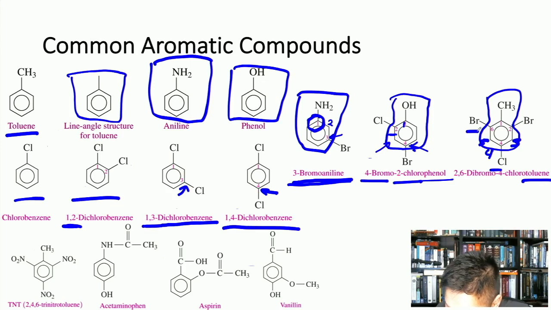So that's 2,6-dibromo chlorotoluene. By the way, the reason why bromo went first here, both times, is because bromo is alphabetically before chloro. You'd think you'd name it with the first carbon first, but nope, it's alphabetical.